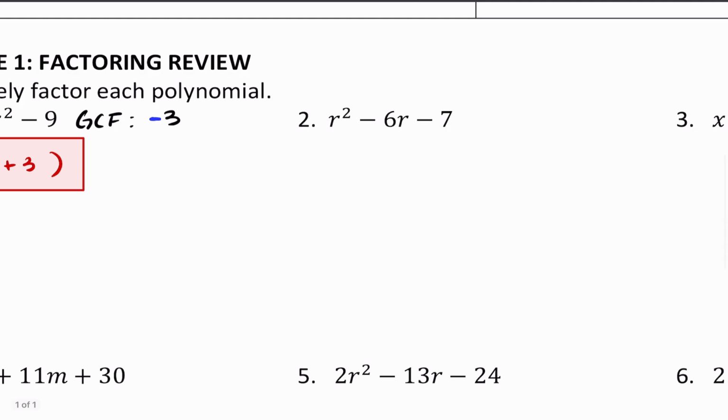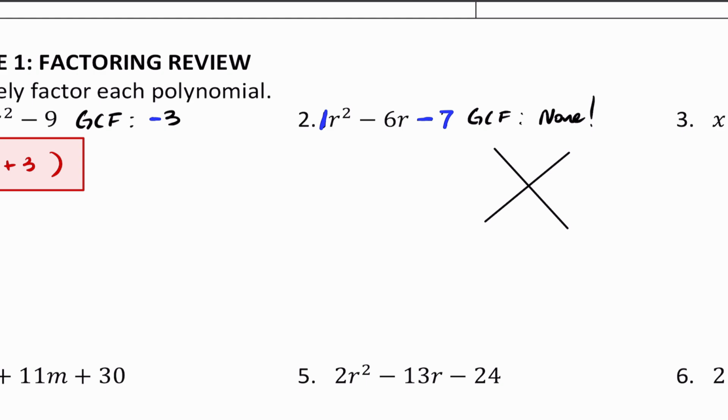Number 2, so the GCF, do we have one? No. So then, since we have 1, 2, 3 terms, let's go ahead and factor by using the X method. So hopefully y'all remember it's A times C. So A is 1, and our C is -7.